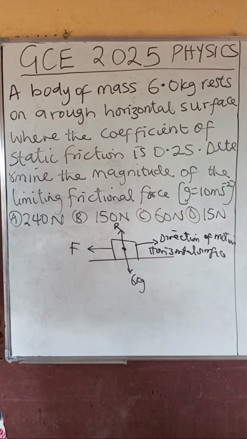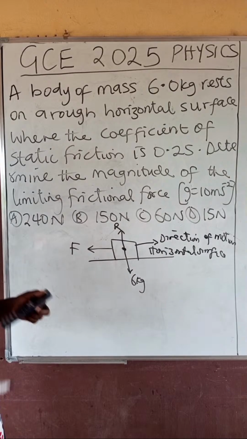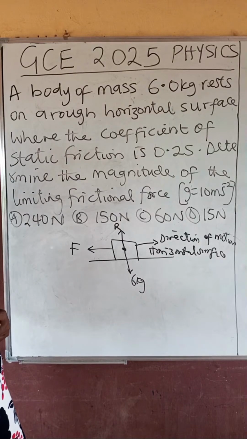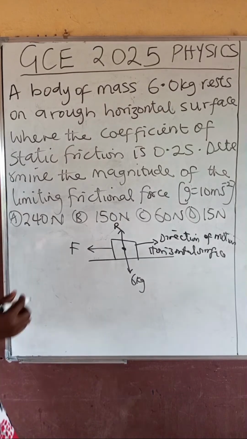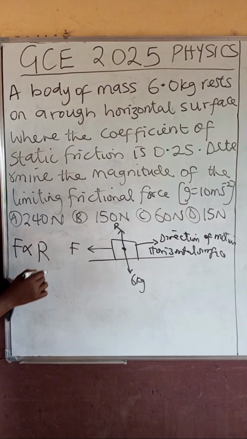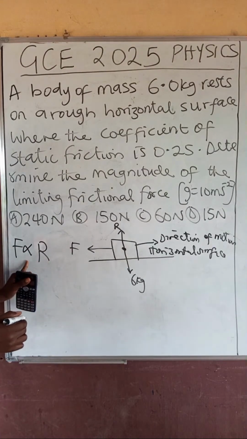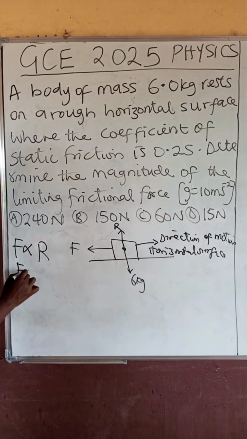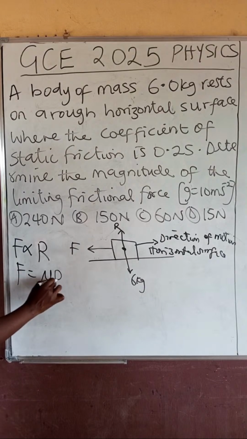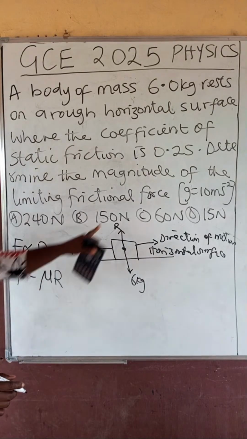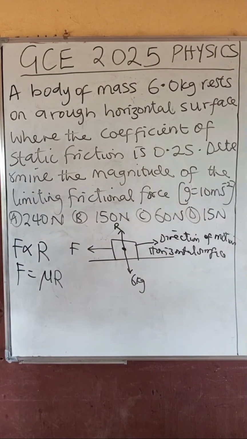So going by that, we state the law of friction: the frictional force is directly proportional to the normal reaction. That is, F is proportional to R, the reaction force. When we remove the proportionality and introduce a constant, that constant is mu, the coefficient of limiting friction, which the question gave as 0.25.